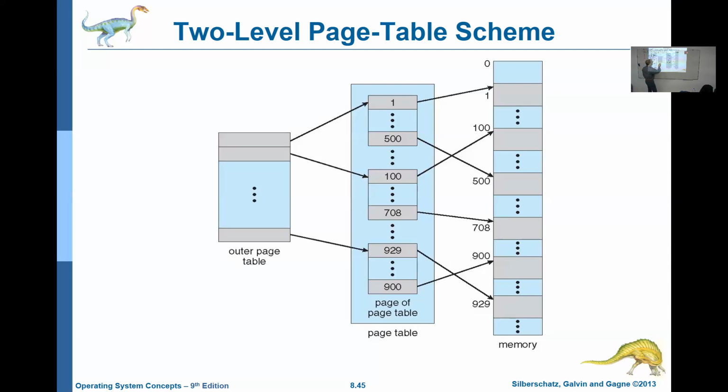Now I can make this outer page table. What is the outer page table going to say? This is place 0, place 1, place 2, and so on. At place 2, I want page 1, which is this one. It's not going to have 1 here to tell me that it's in it. It's going to tell me where 1 is in the physical memory.